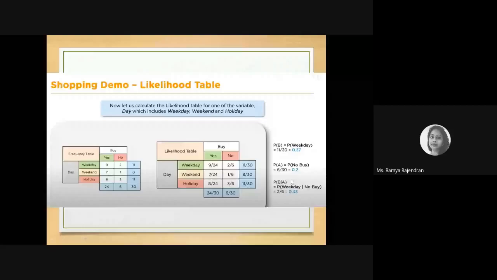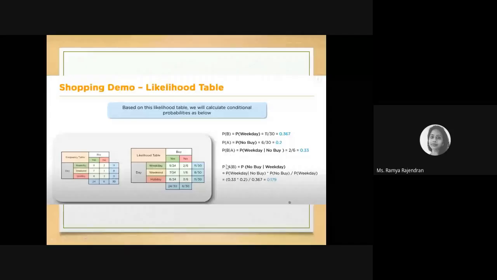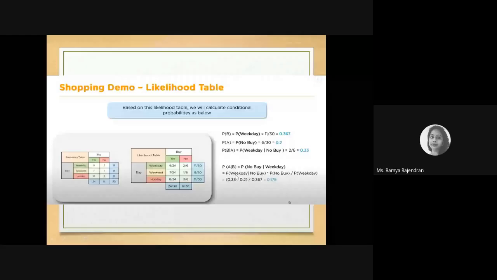So for the probability of occurrence of event A given B, where A is when the person is not buying on a weekday, it is equal to the probability of not buying on a weekday multiplied by the probability of person not buying, divided by the probability that it is a weekday.